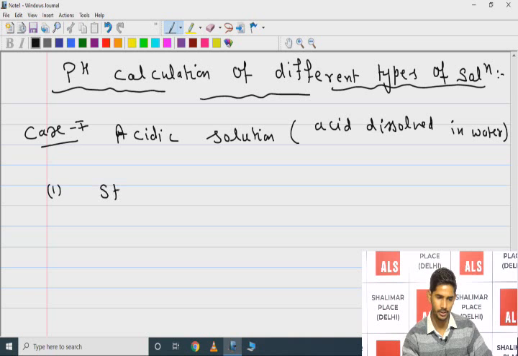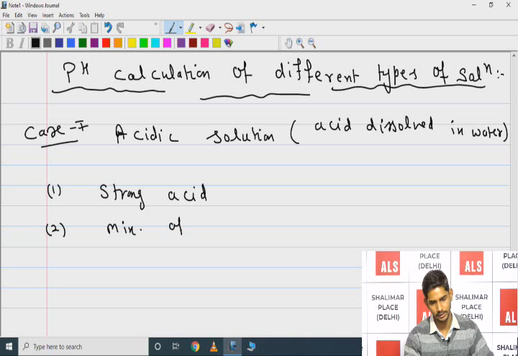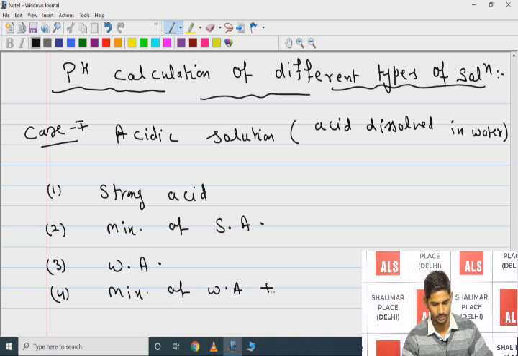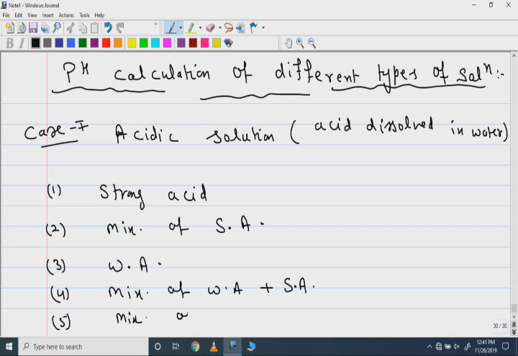Case 1, strong acids. Number 2, mixture of strong acids. Number 3, weak acid. Number 4, mixture of weak acid plus strong acid. Number 5, mixture of weak acid plus weak acid.